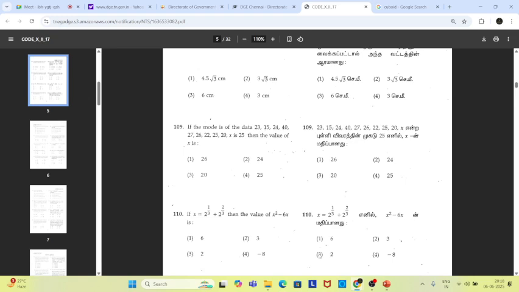One minute. 2 power 1 by 3, 2 power 2 by 3. If the bases are the same we could add the powers, sir. No, we cannot do that. What is the value of 2 power 1 by 3? 2 to the power 1 by 2 will be 1.414, isn't it?